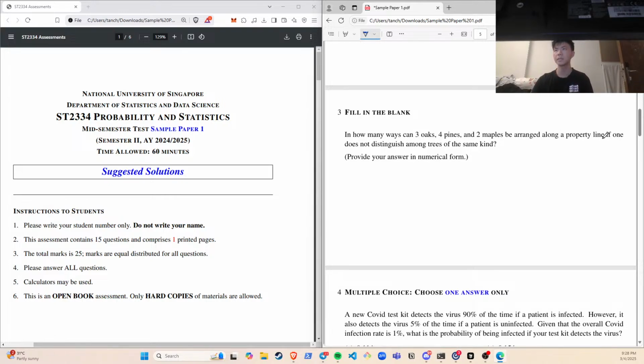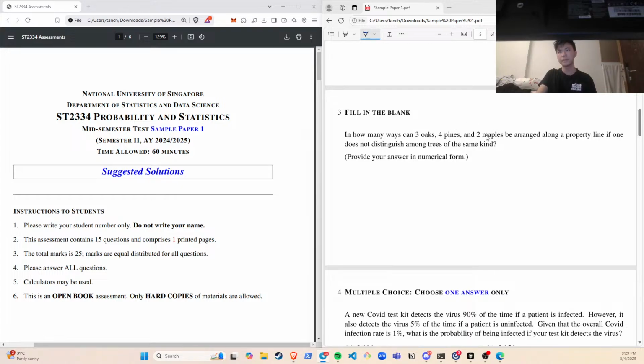How many ways can these things be arranged along a boundary line? It's been very long since I did PNC, but let me think.